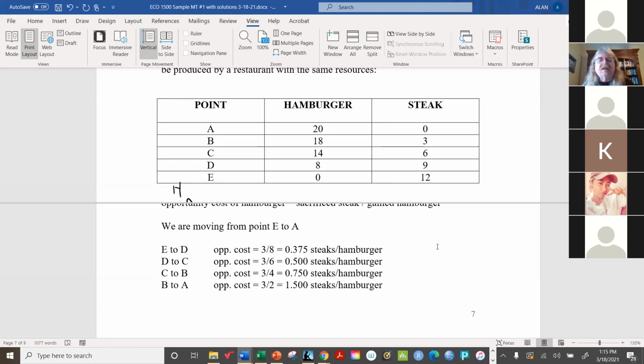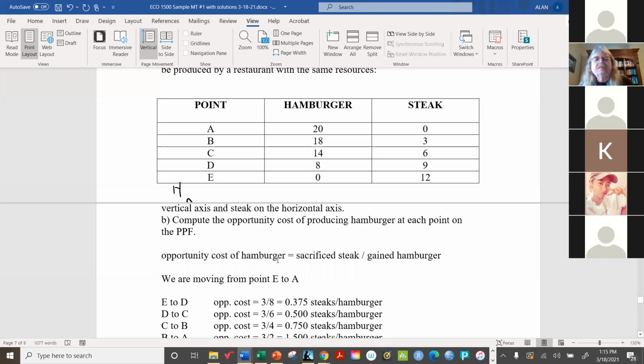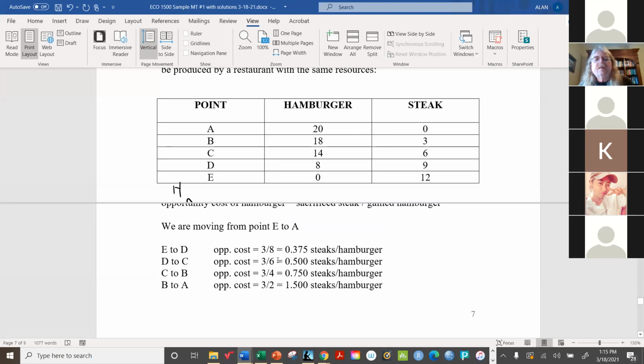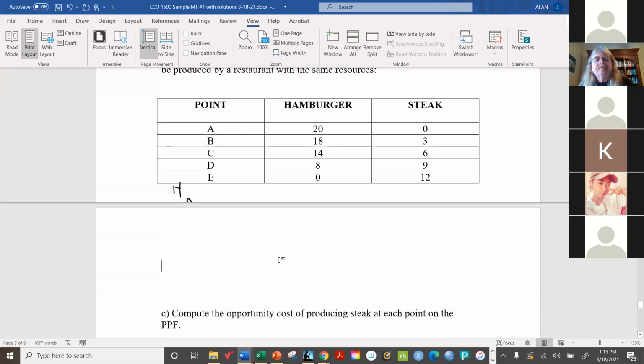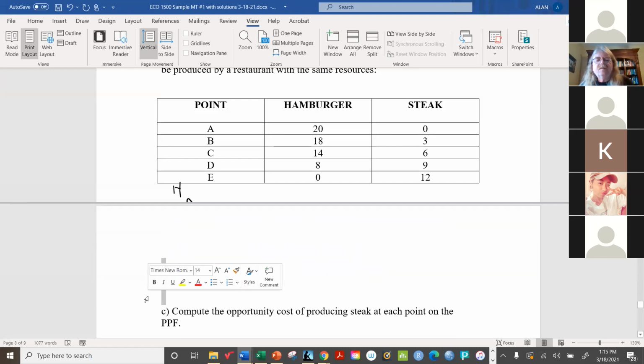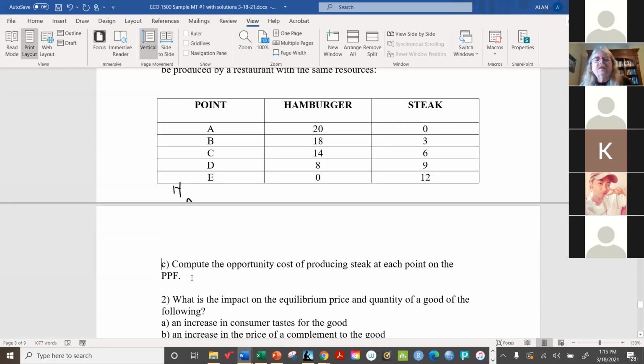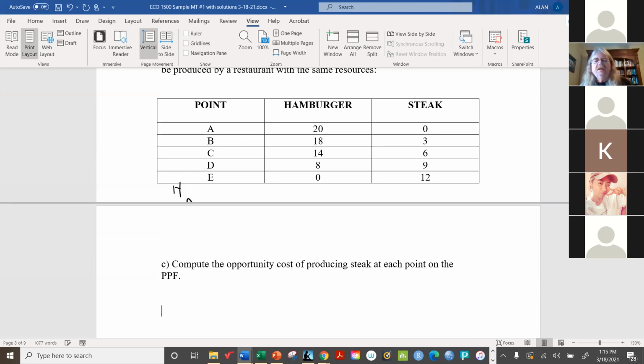All right, now we have to do the opposite. We're going to determine the opportunity cost of steak. And of course, just like with any other opportunity cost situation, the opportunity cost of steak equals the sacrificed hamburger divided by the gained steak.